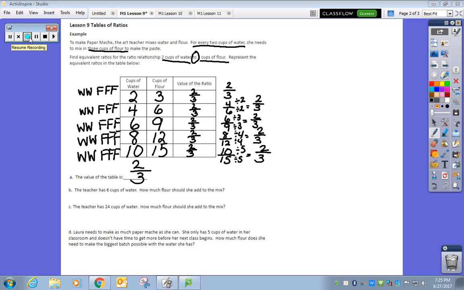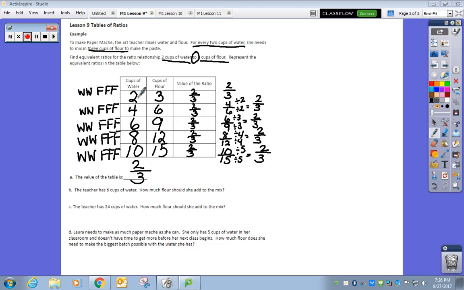So some important things to realize about a ratio table is, as we said, all of the ratios in the table have the same value. In this case, they all were equivalent to 2/3. Another thing that's important to notice is if your first ratio in the table is in fact the value as a fraction, so if I were to turn this ratio into a fraction, it becomes the 2/3, which is the value of the table.